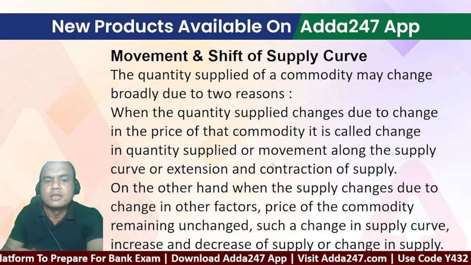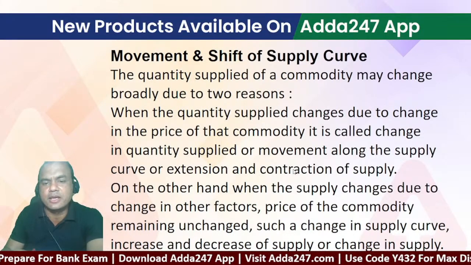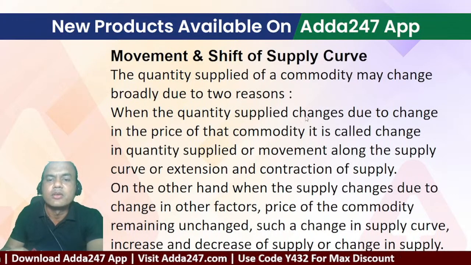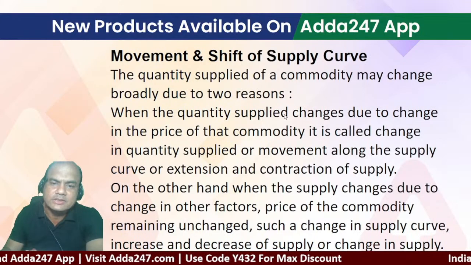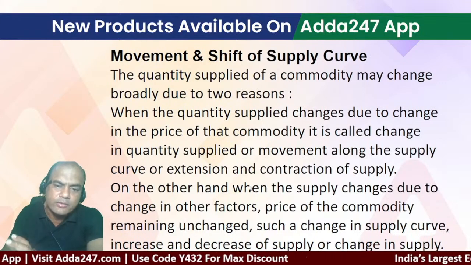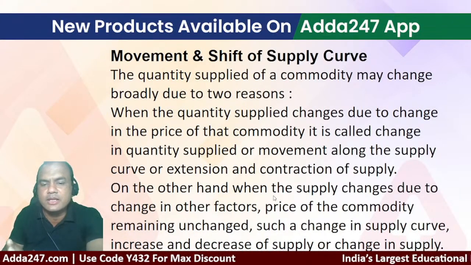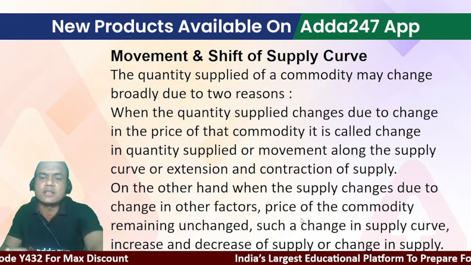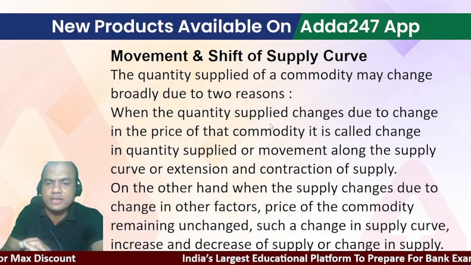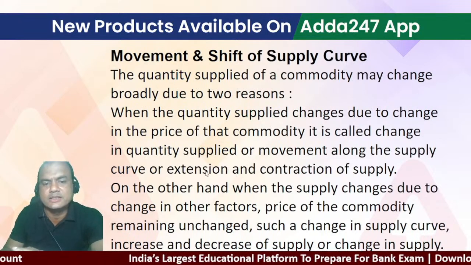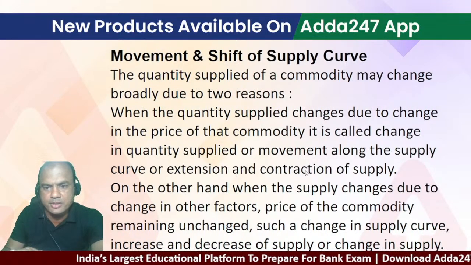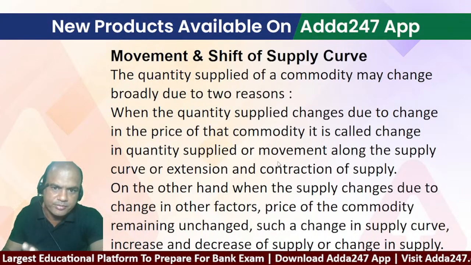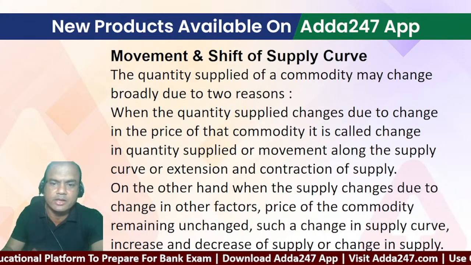So remember, the extension or contraction of supply will always be based on price and quantity. Other factors are not within the hands of the manufacturer. Okay, so these are the two reasons. So if in the exam the question comes on extension or contraction of supply, you will always focus on only two points. One is price and second is the quantity supplied.